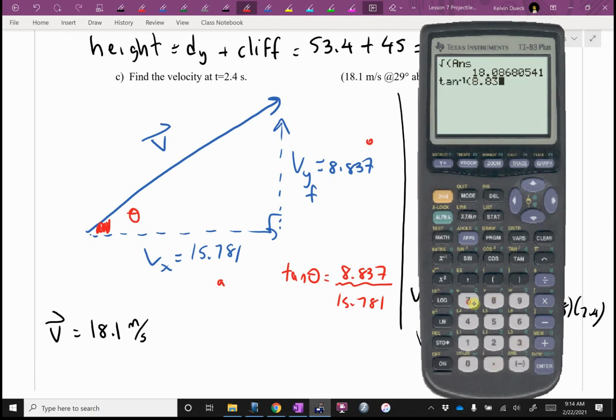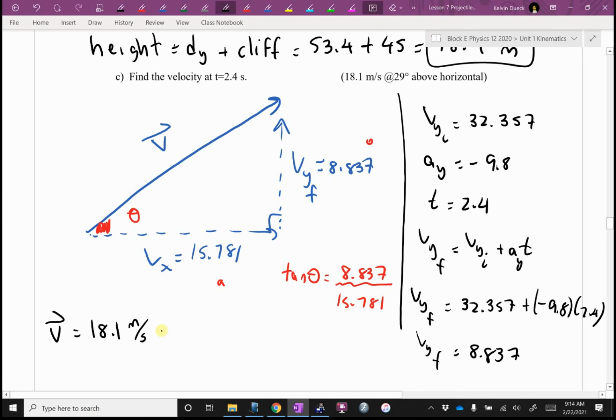Opposite over adjacent. And I get 29.2 degrees. I'm looking for a typo. Is that right? At 29.2 degrees.